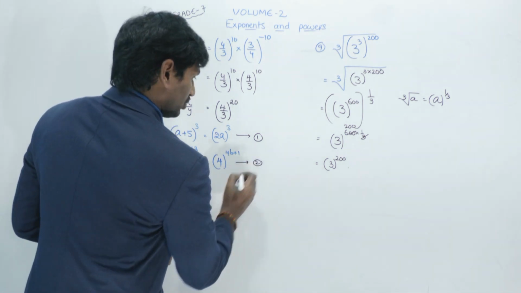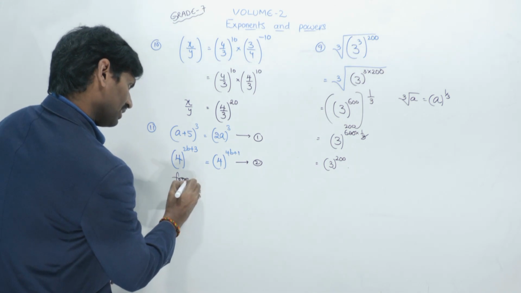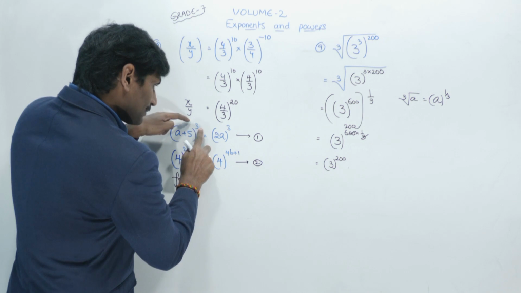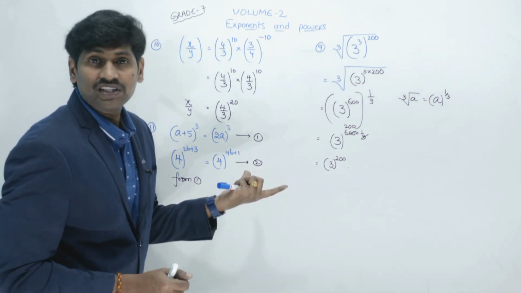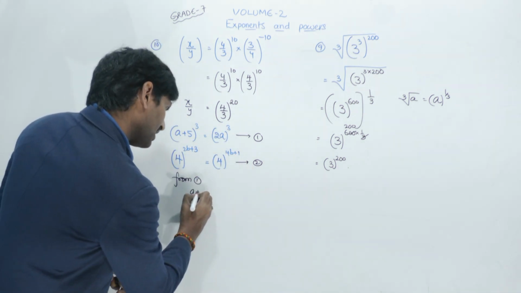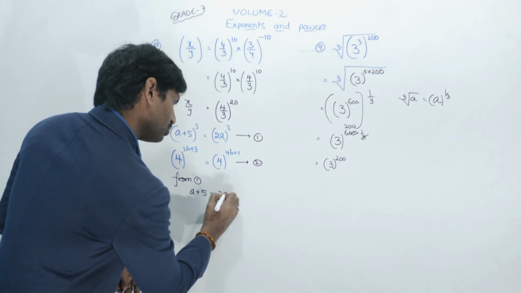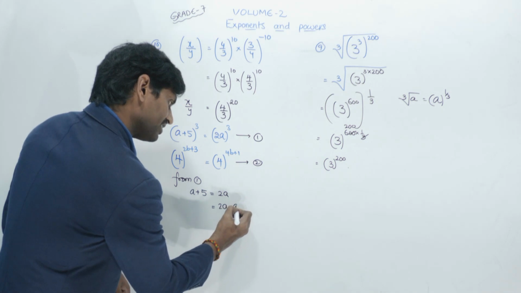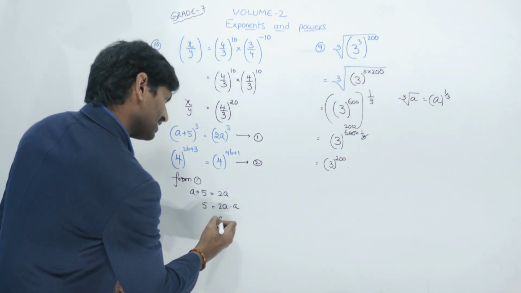So I am going to write that from equation 1, exponents are the same, so we can equate the bases. That is nothing but a plus 5 equals 2a. Plus a transposed to that side becomes minus a. So 2a minus a is nothing but a.